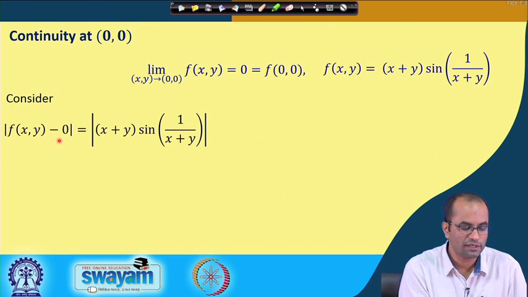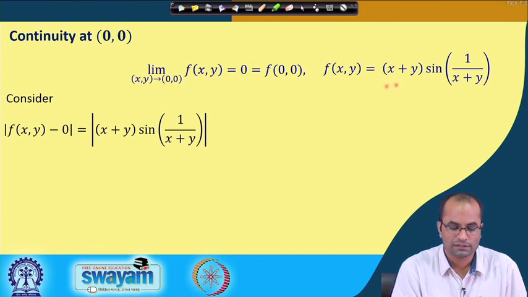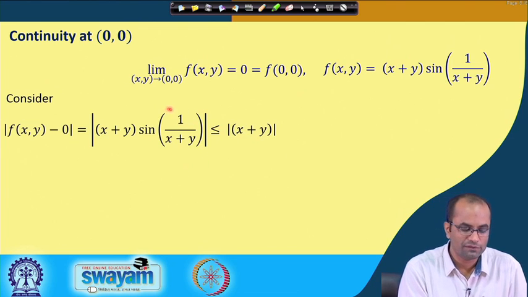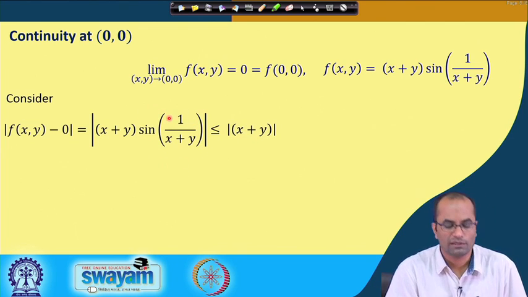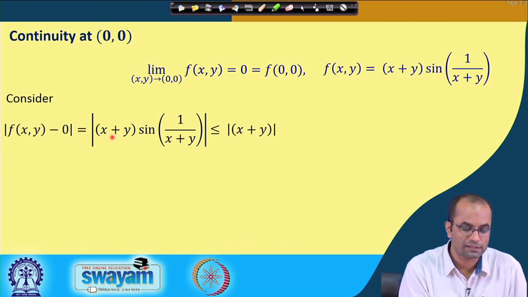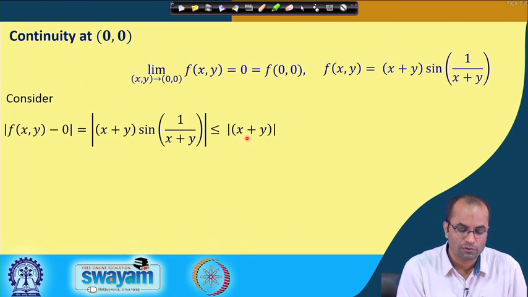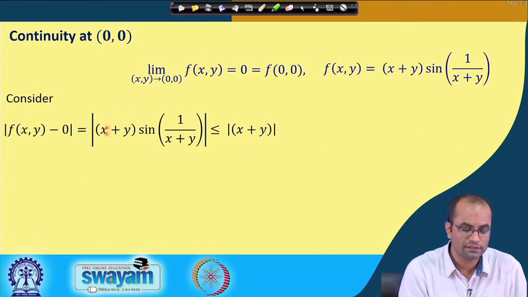So, here |f(x, y) minus 0|, the function value, is equal to this difference. That is the function itself, (x plus y) sin 1 over (x plus y), and we know that the sine is bounded by 1. So, we can write this as less than modulus of x plus y. So, this is bounded by 1, and this will be a bigger quantity than this one.